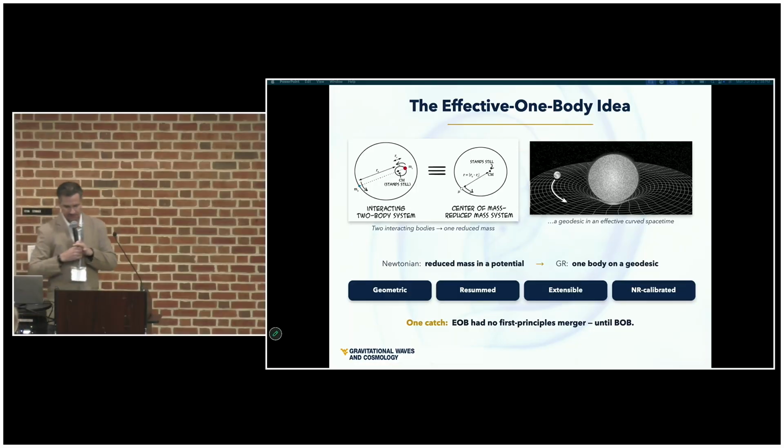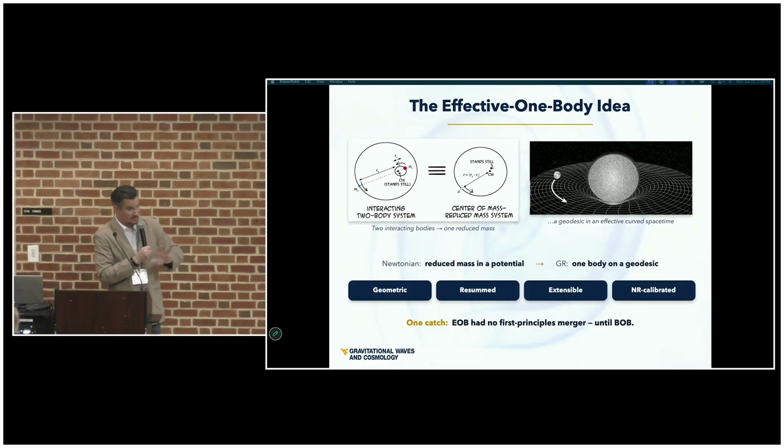Okay, in case anybody here hasn't seen it, I'm going to go briskly through this. The idea with effective one body, which is a similar motivation behind BOB, is taking the regular two-body system and, just like in Newtonian dynamics, you map to a reduced mass orbiting around the total mass located at the center of mass. This is the relativistic extension of that.